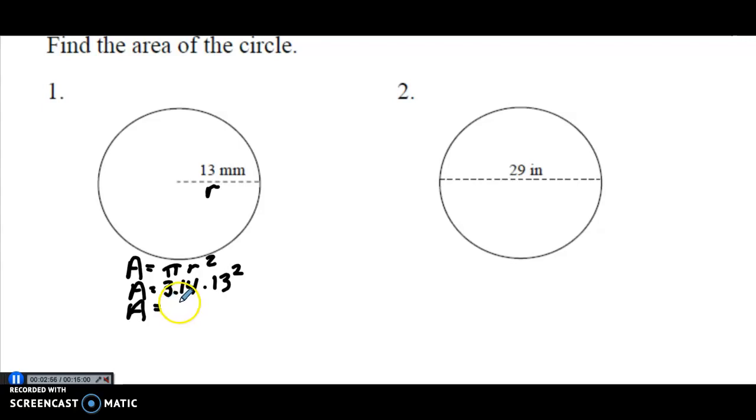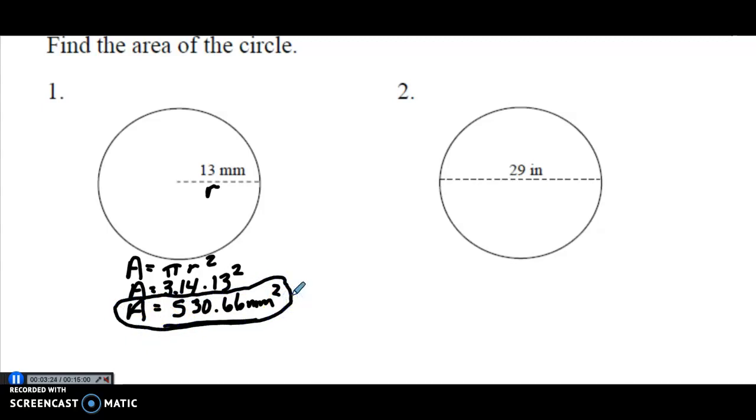We get 530.66 millimeters. But we're not covering it in millimeters, we're covering it in square millimeters, so we have to put the little square symbol above the millimeters to indicate that we're covering it with squares of that size. And that is the correct answer.